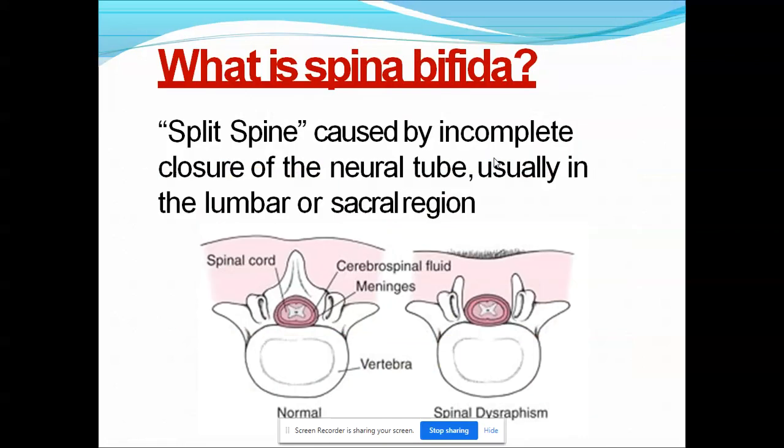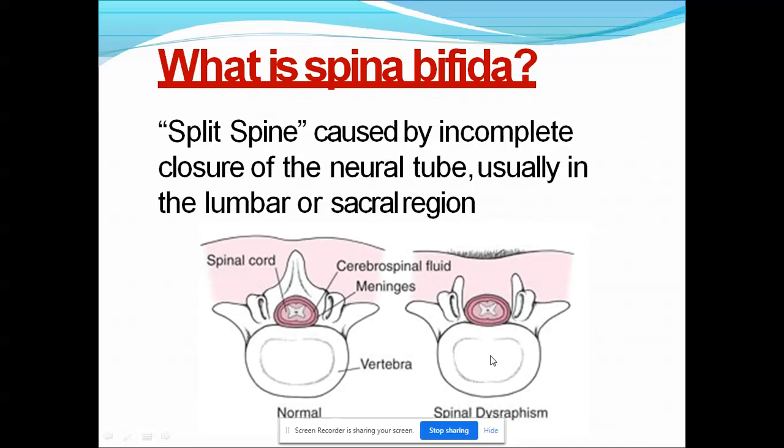Okay, so let us see what is spina bifida or split spine. It is caused by incomplete closure of the neural tube. So it is the defect of the neural tube, usually in the lumbar or the sacral region. So you can see normally you have the vertebral body anteriorly, posteriorly we have the spinal cord, the CSF, that is the cerebrospinal fluid, and the meninges.